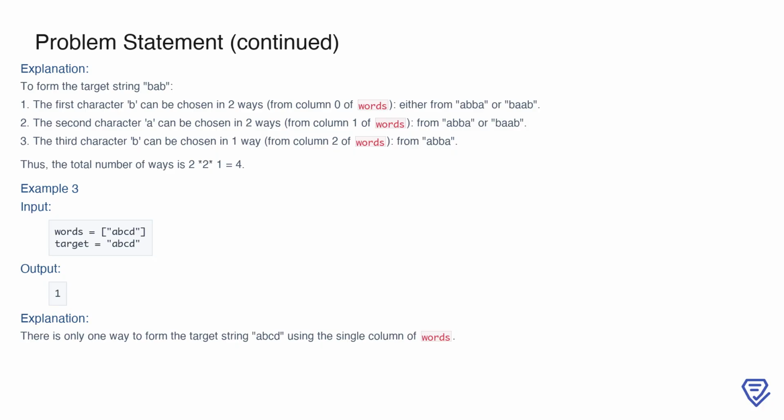Finally, for the third character b, there is only one valid choice from the third column, from abba. Multiplying these options together, 2 for the first character, 2 for the second, and 1 for the third, we get 2 times 2 times 1, which is equal to 4 ways to form the target string bab. In contrast, if words is abcd, and target is abcd, there's only one way to form the target string, as there's only one column for each character in the dictionary.